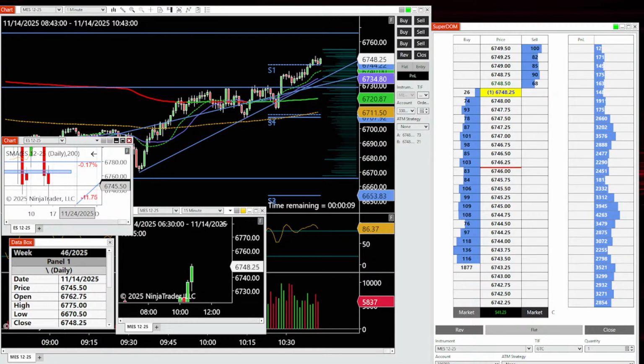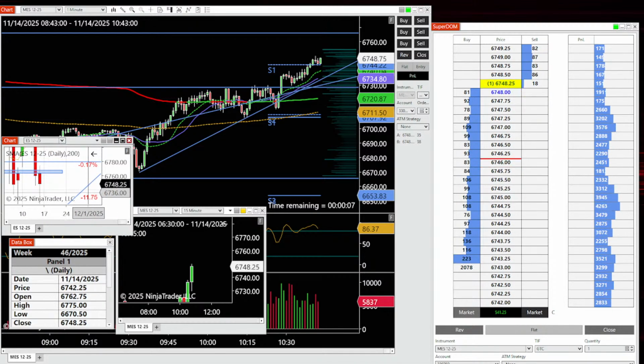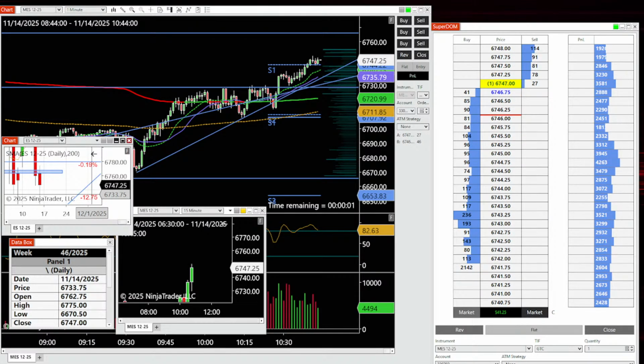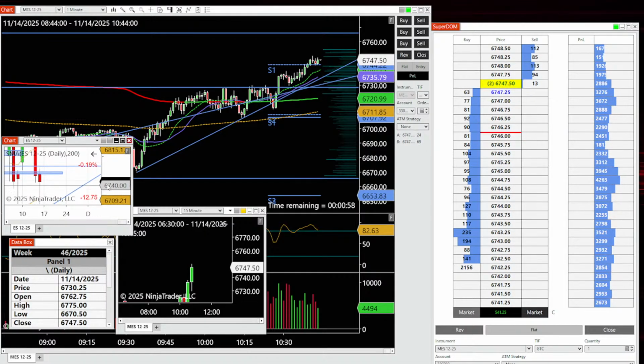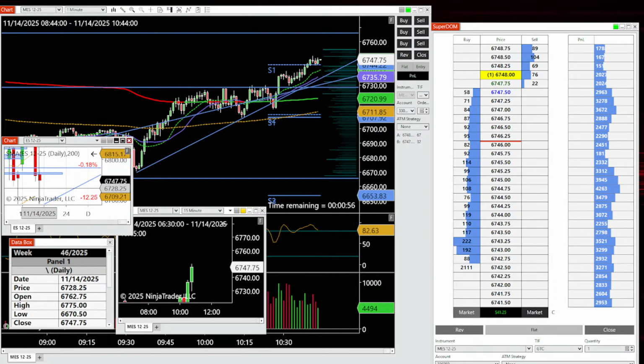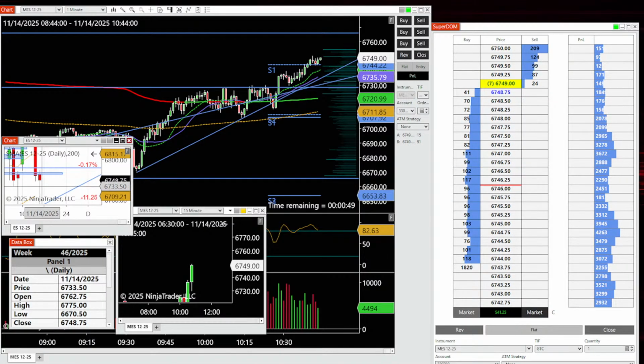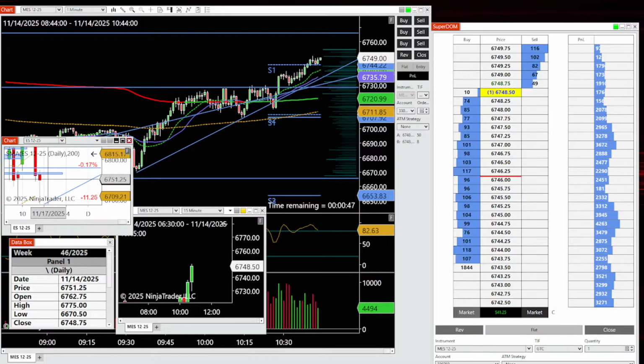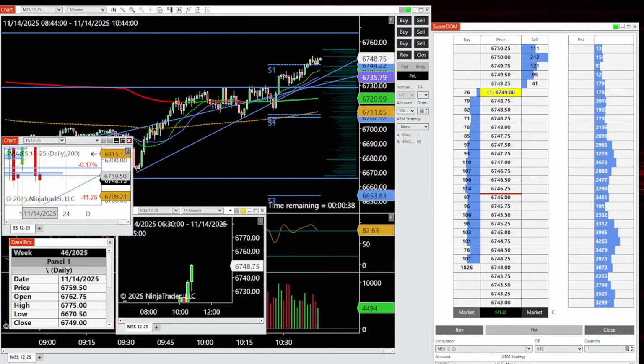And now we're only 11 points down from being 80 points down. The open was 67.62. Looked like we're about to close the gap, close the open. Well, it wasn't really a gap, but just back to the open.